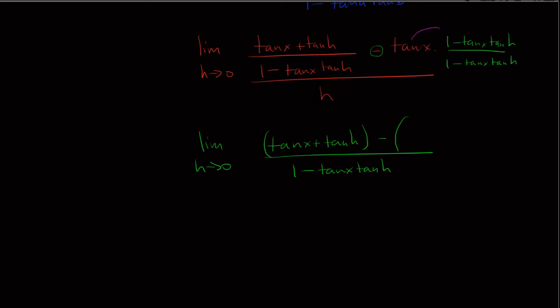We have tangent times 1, which is tangent. And then tangent times negative tangent x times tangent h, so that's going to be negative tangent squared x times tangent h.